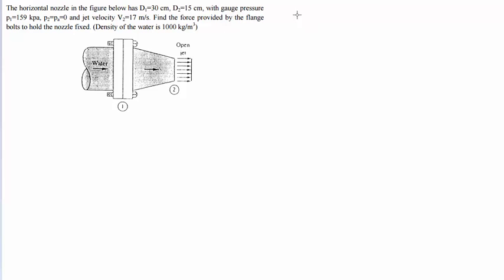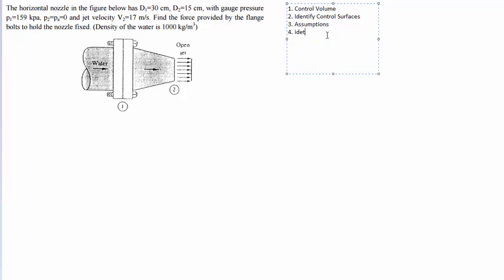Okay, so to solve this kind of problem, basically you're going to follow this kind of algorithm. The first thing you want to do is define a control volume for the problem. After that, you want to identify control surfaces. Then after you've done that, make some basic assumptions about the flow properties that are occurring within the system.